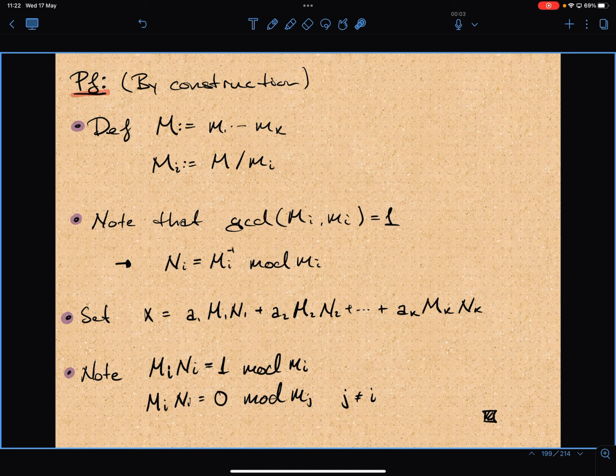And then in here, I check that x is the solution that I want.